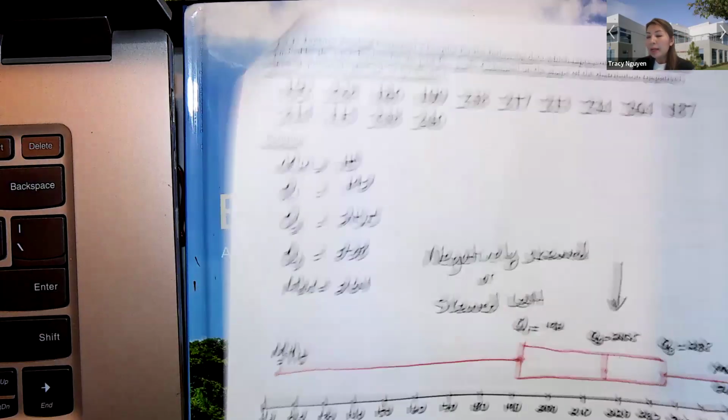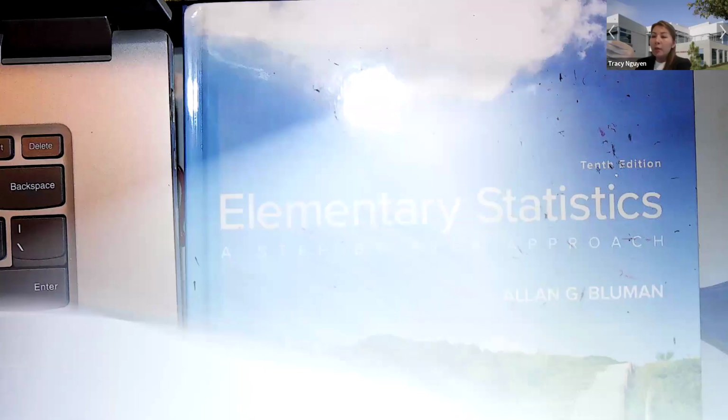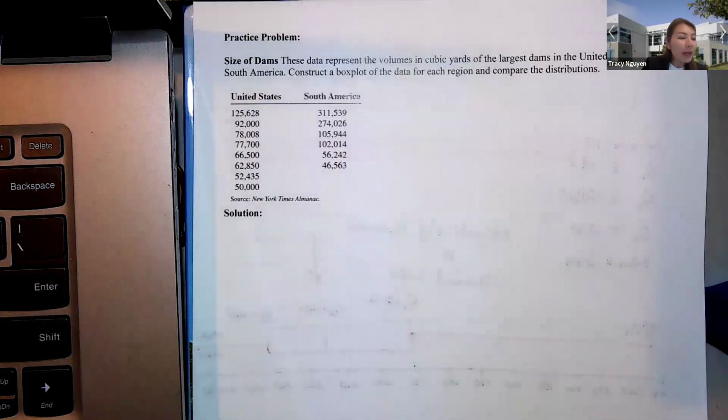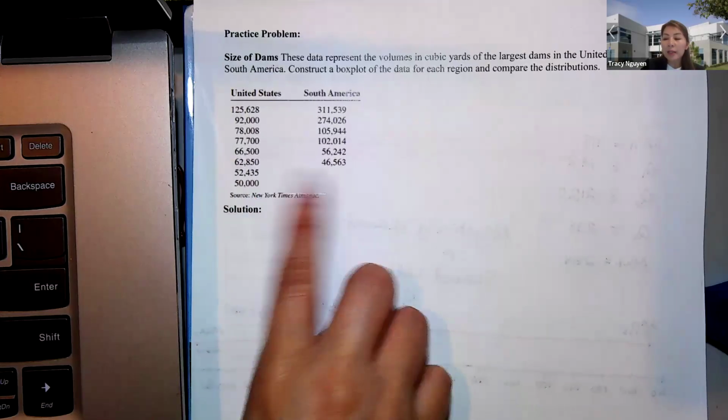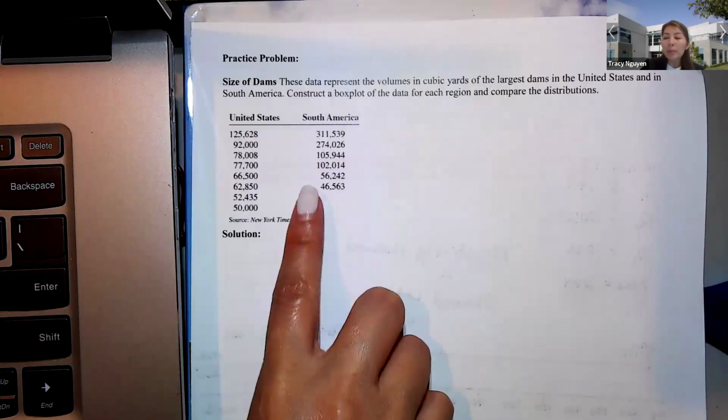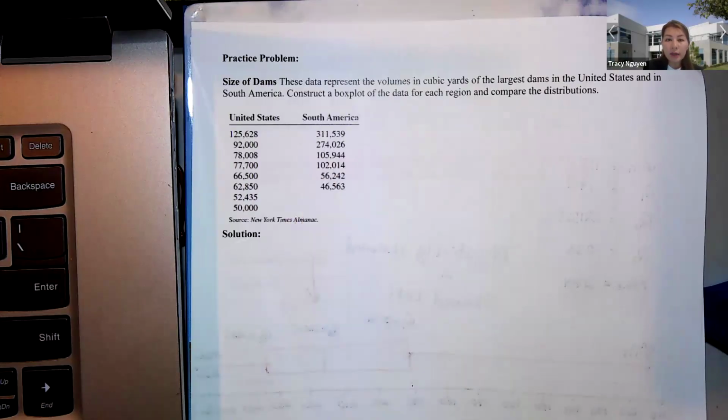Now I have a practice problem, but on your homework, it's a very, very similar problem. So I'm going to go ahead and project your assignment for section 3.4 to show you how that can be done on Alex. So bear with me here. Let me open the assignment for section 3.4. Now, when you have a problem with two sets of data, you're going to do a box plot for each set of data.